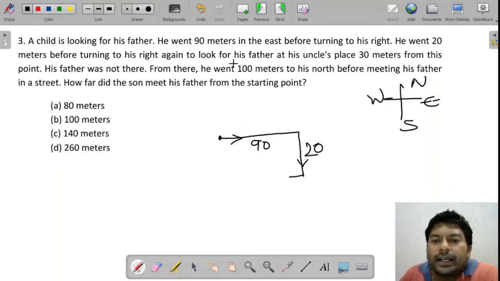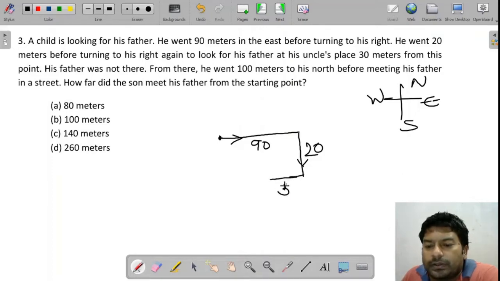After turning right again, he looks for his father at his uncle's place, 30 meters from this point. He traveled 30 meters, and this point is his uncle's place where he wants to find his father.